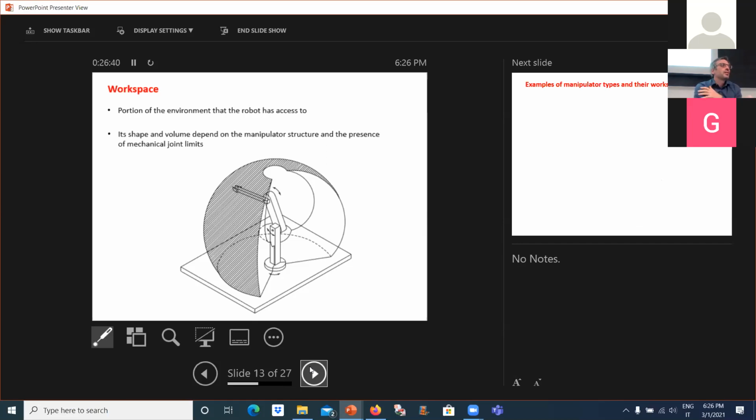Each joint, as you see, I cannot move my arm more than this. I cannot go beyond because there is a kinematic limit. And the upper one for this joint is this. So I have a range of motion that the joint is able to do. And after that, I have end stops.